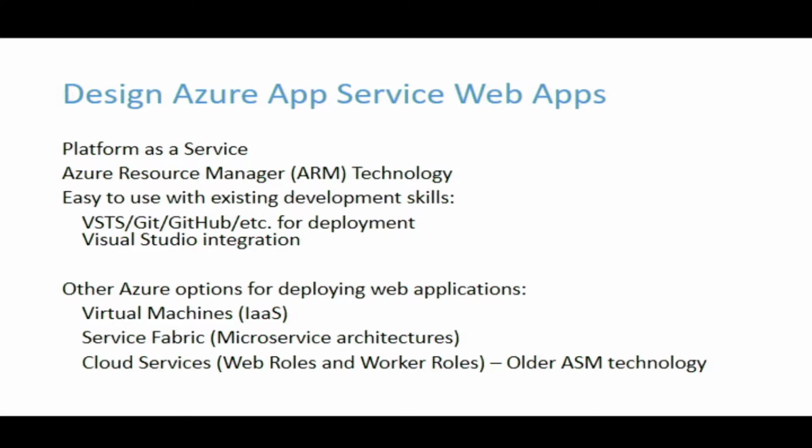Other options that you may need to know for hosting web apps are, of course, a virtual machine. You can host a website on a virtual machine. More setup to do so, but you can do it. Service Fabric is another one that's typically going to be a microservice architecture. And cloud services, those are the older ones.